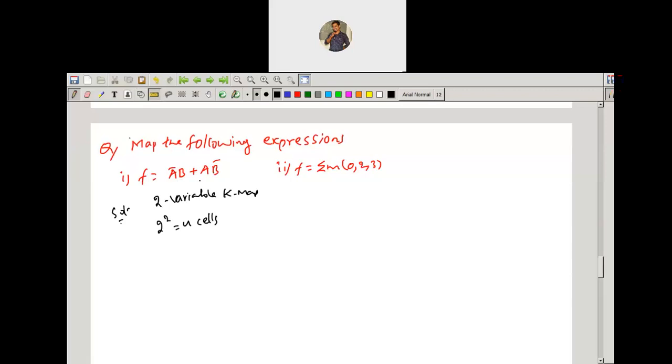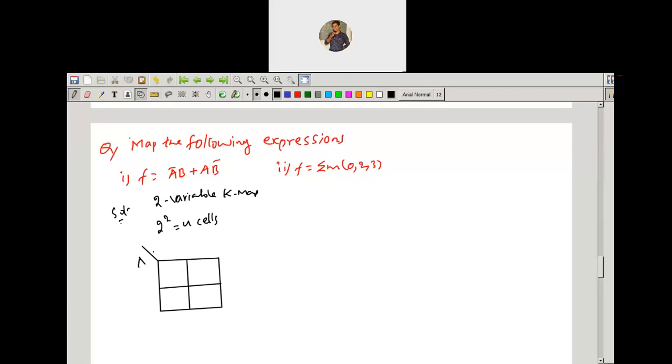So let me take the 4 cell K map here. Okay. So what are the input variables here?